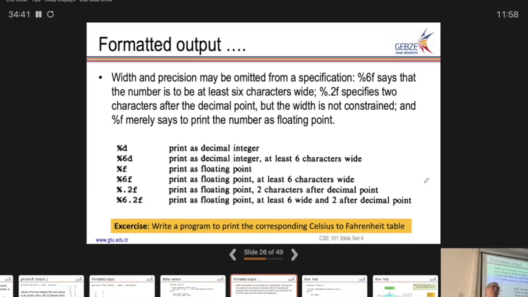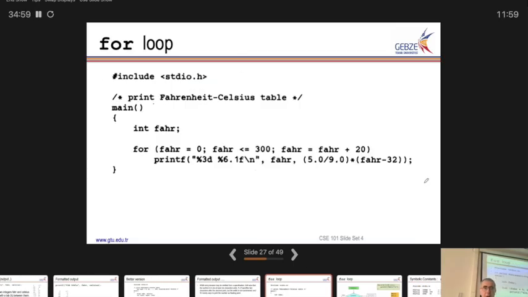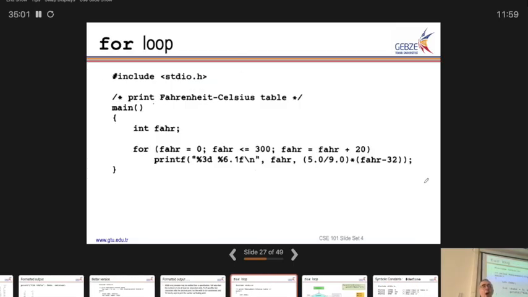The left part, I don't care, but two decimal places. With 6.2, I do also care about the left part, 6 and 2. This is %3d %6.1f.